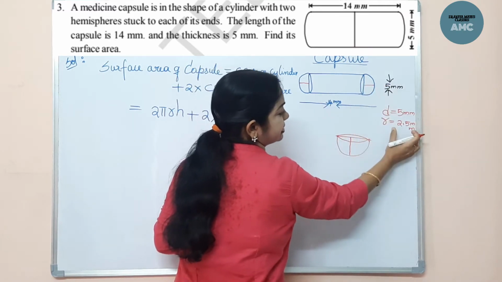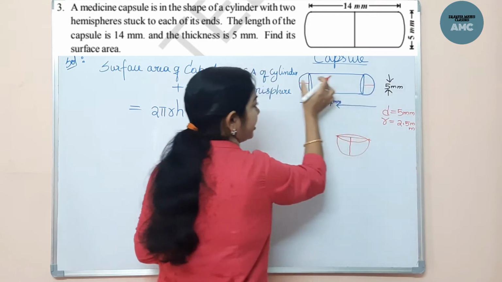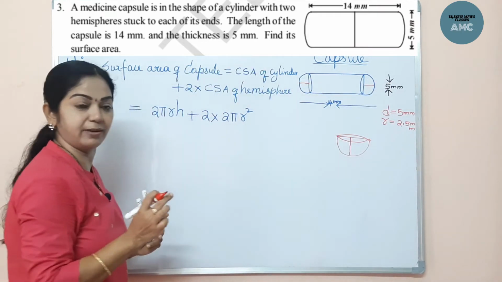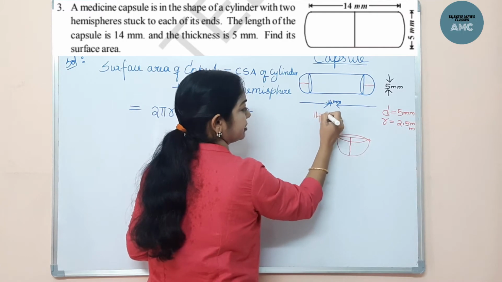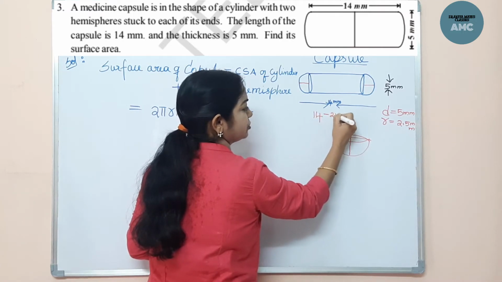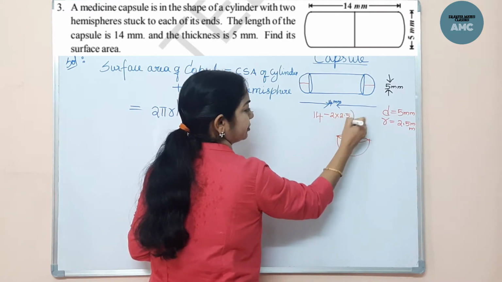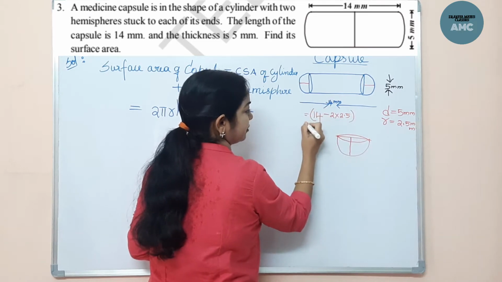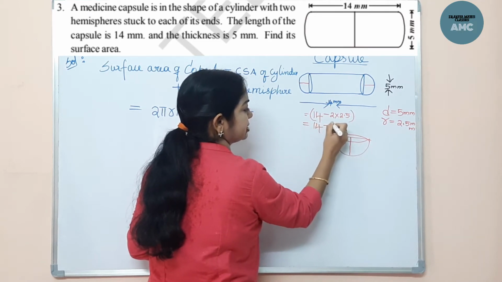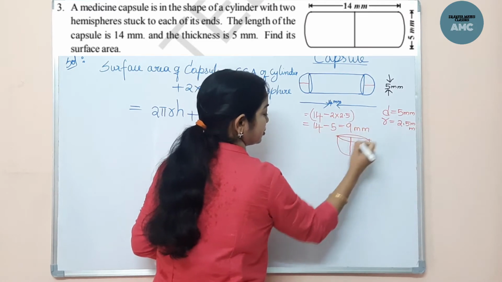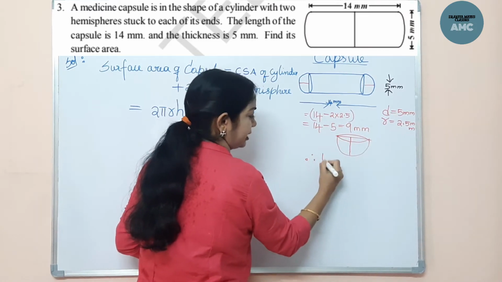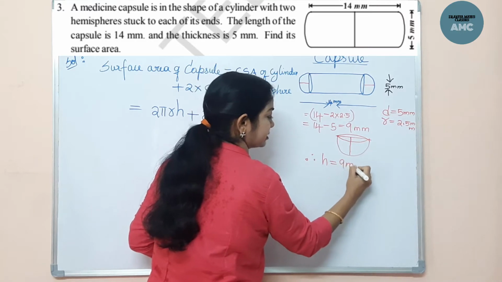This radius is 2.5, so 2.5 and 2.5 come to 5 mm. Out of 14, if I subtract 2 into 2.5, that means 14 minus 5, that comes to 9 millimeters. Therefore h is equal to 9 millimeters.